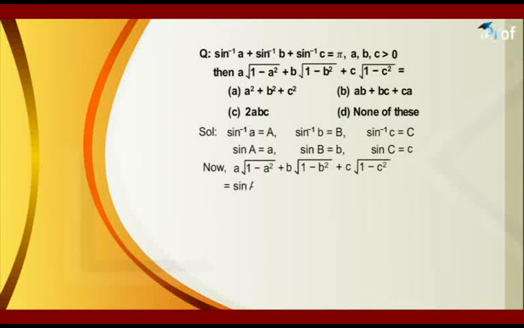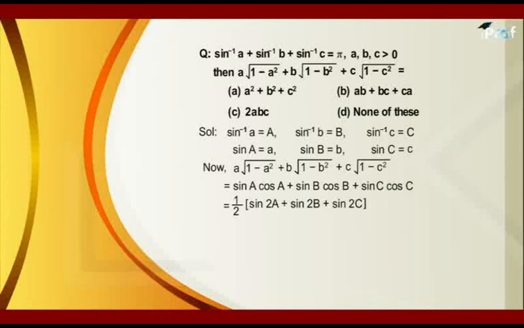This becomes sine of A into cos of A plus sine of B into cos of B plus sine of C into cos of C, which can be written as half of sine 2A plus sine 2B plus sine 2C.